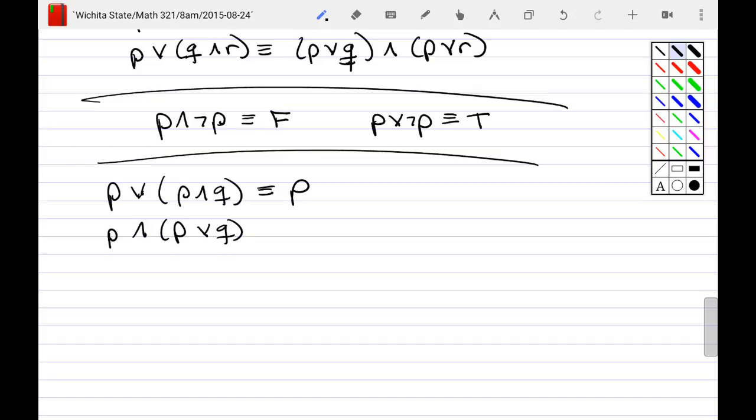What if I said you have an apple and you have an apple or an orange? Who cares about the orangeness? You said you had an apple and you have an apple or an orange. Well, I have an apple, so I definitely still what? Have an apple. This is called absorption.